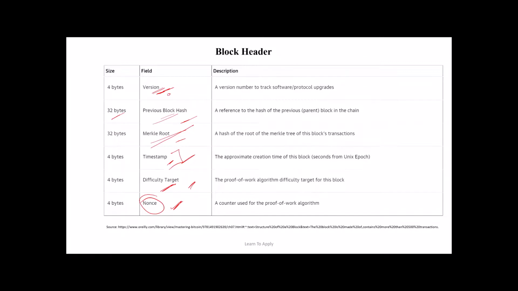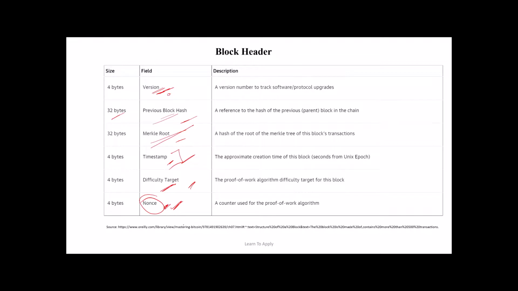So difficulty is how difficult it is to mine this block, where they try to find a solution for that proof of work. Now the only part that is variable is the nonce, right? They start looking for the particular nonce value with which they will be able to find the solution, and then the nonce will be recorded inside this.